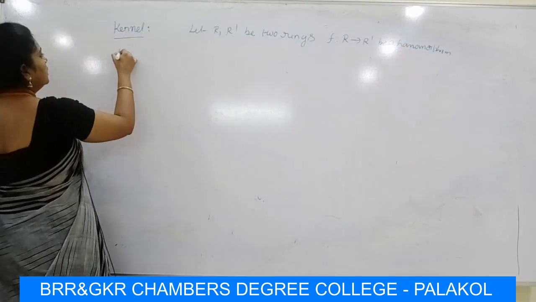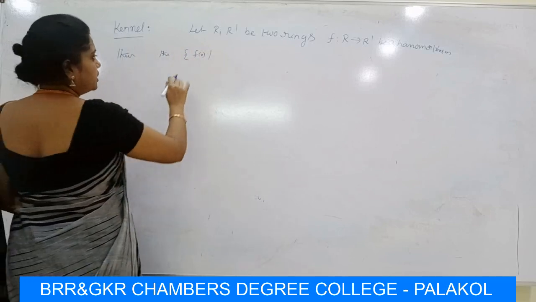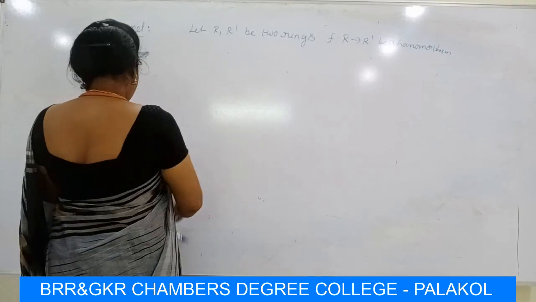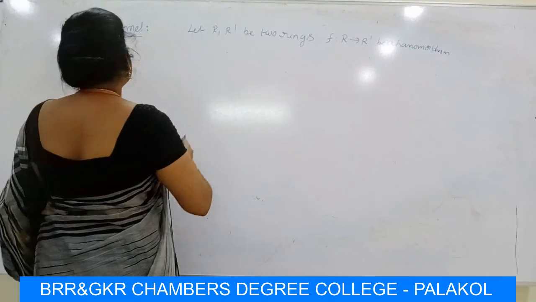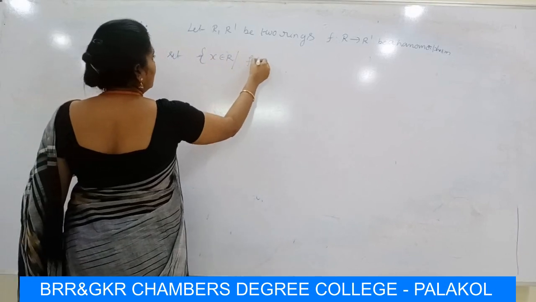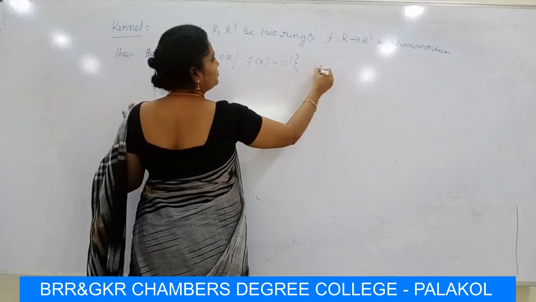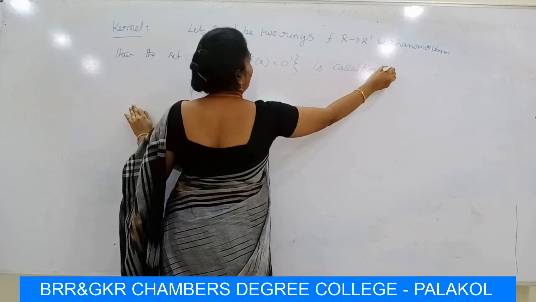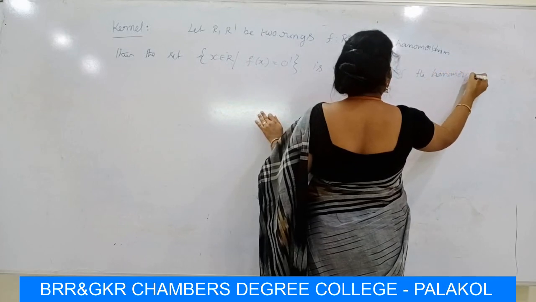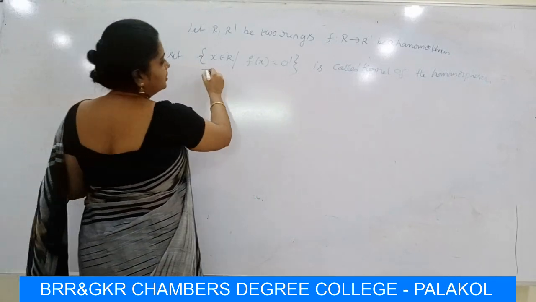Then the set of x belonging to R such that f of x equals 0 dash is called the kernel of the homomorphism.